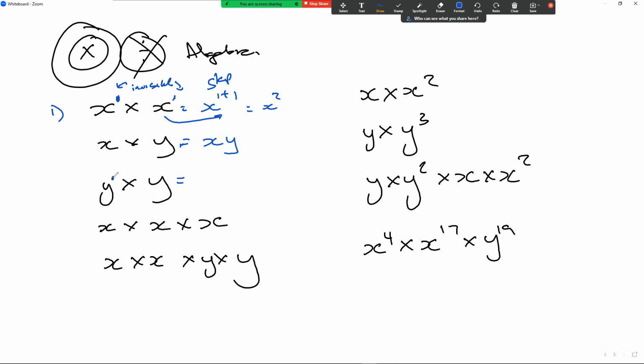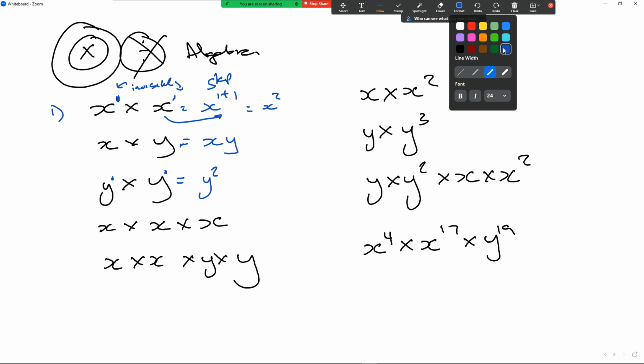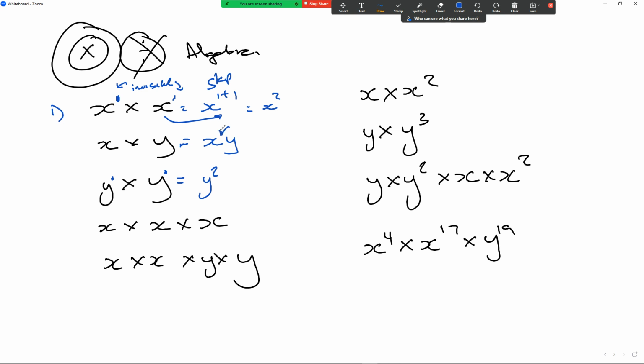Y times y, invisible 1, becomes y squared. So what does this mean? This means that whenever you have xy together, the times disappears. So you can also put a dot in between the two, or you can just write xy, which means multiply. This one will be y squared, 1 plus 1. Here we've got 1 plus 1 plus 1. Oh, we got 3 x's, so x to the power of 3.